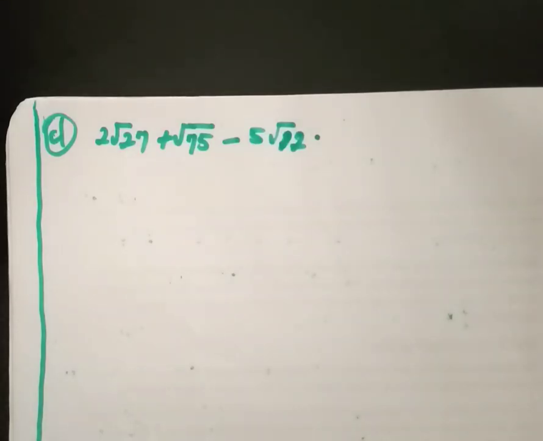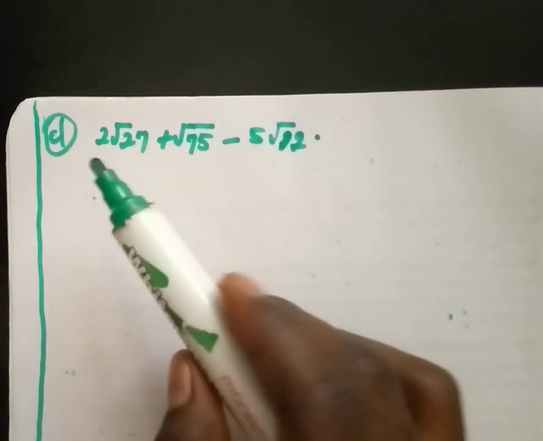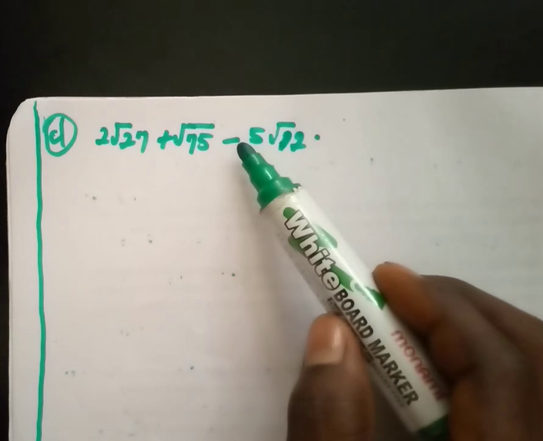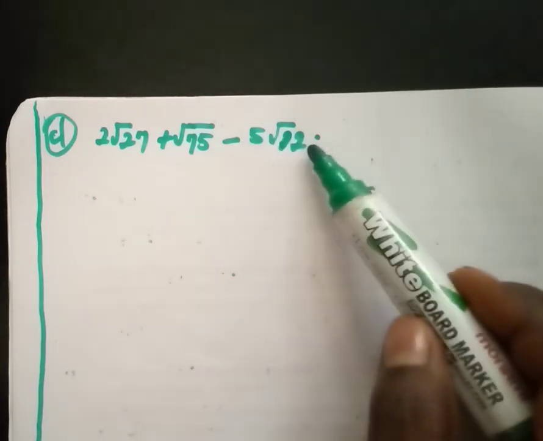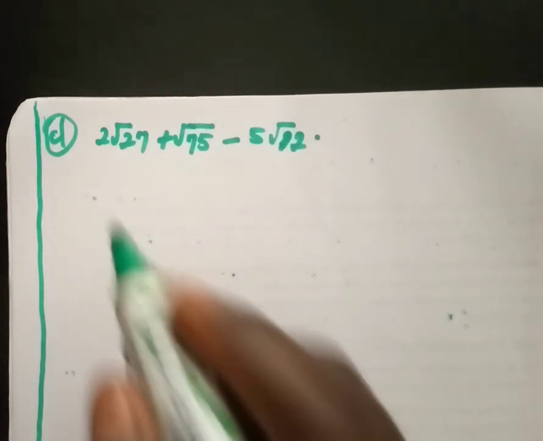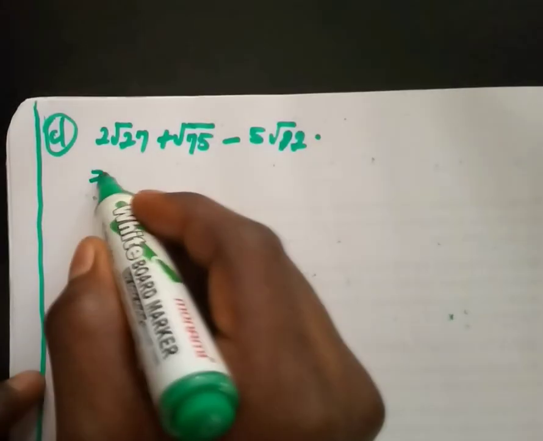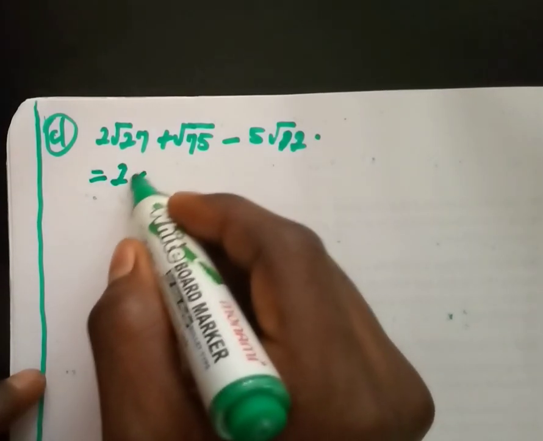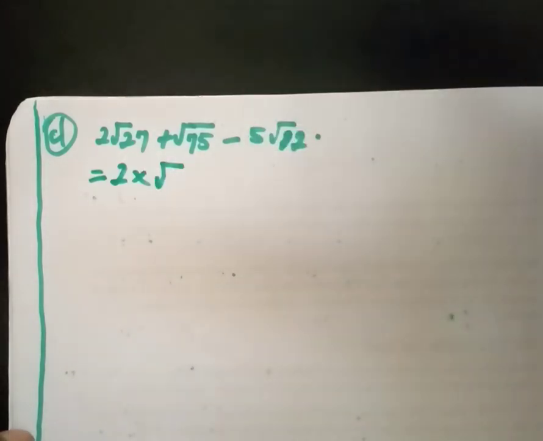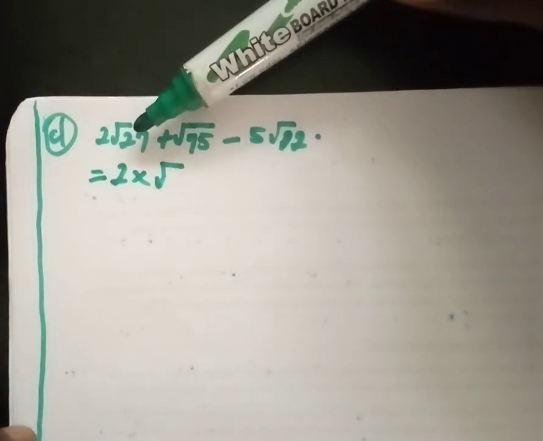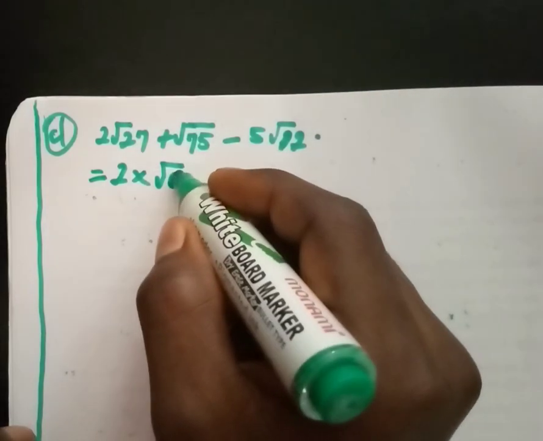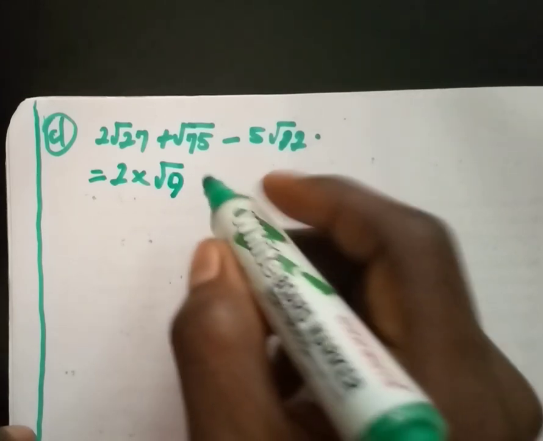So our example 4 said we should simplify 2 root 27 plus root 75 minus 5 root 12. So how are we going to simplify this? You first of all say this is equal to 2 multiplied by root. Find two numbers that when you multiply them, they'll give you 27, and that is 9 and 3.